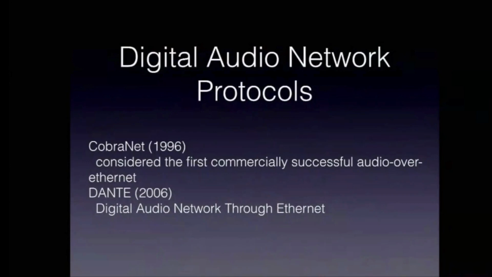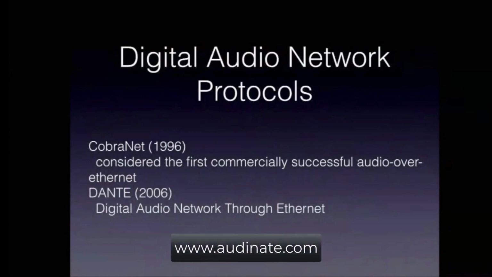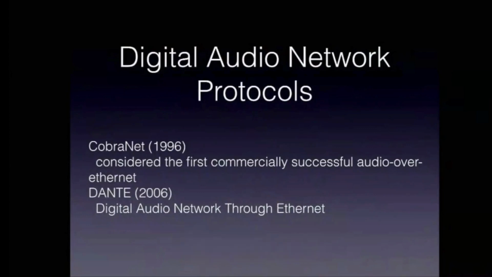The thing about Dante is that it's not an open protocol, in the sense that it's owned by a company called Audinate, but many folks have decided to adopt it, and they're building Dante compatibility into their audio devices. But if you wanted to look for a third one, AVB is probably the next most popular.